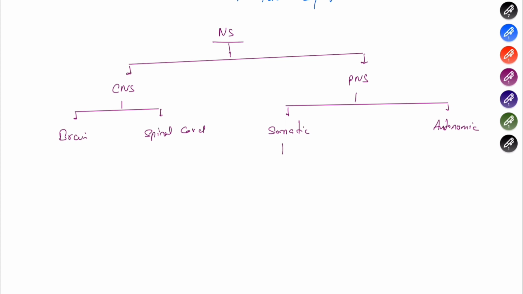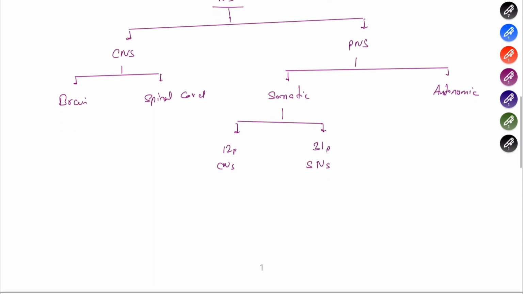Somatic consists of cranial nerves and spinal nerves, 12 cranial nerves and 31 pairs of spinal nerves. An autonomic nervous system consists of two parts, sympathetic nervous system and parasympathetic nervous system.